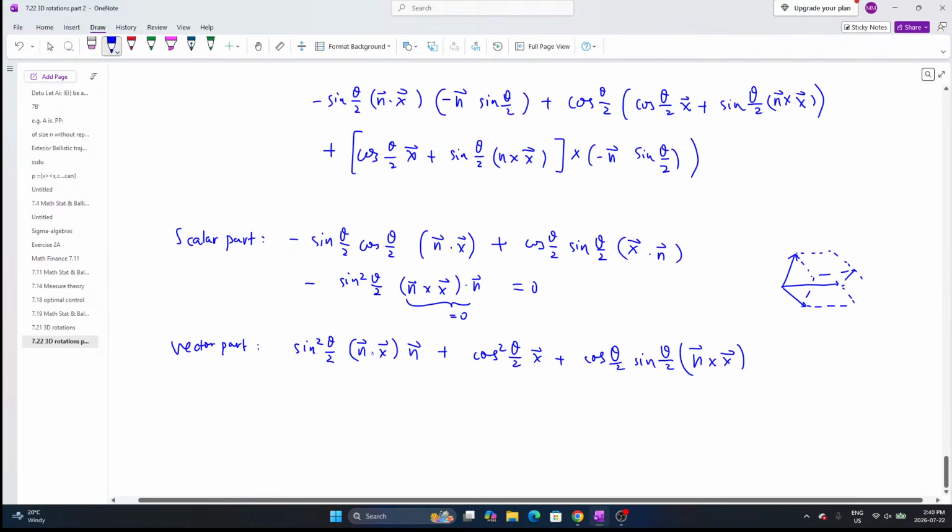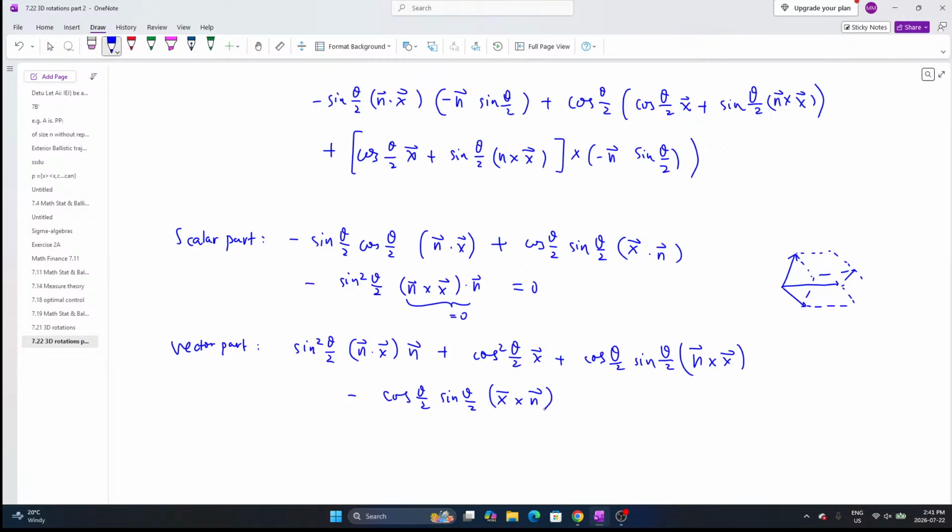And next up you got minus cosine theta over 2 sine theta over 2 x cross n. Here you're probably going to use the anti-symmetry property of the cross product.